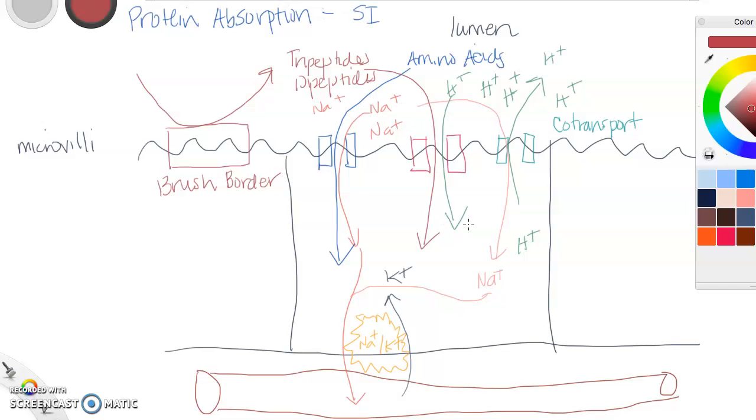Okay, so just a little bit different. On the PowerPoint that we have, there's one of the examples on there. It only shows the movement of amino acids. It doesn't show the movement of tripeptides and dipeptides.